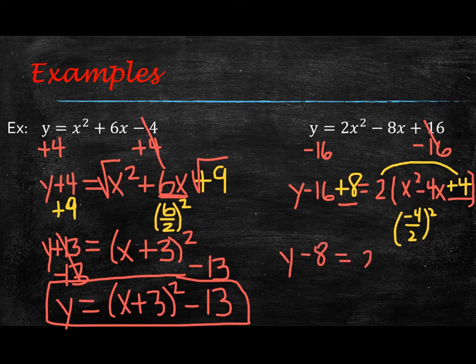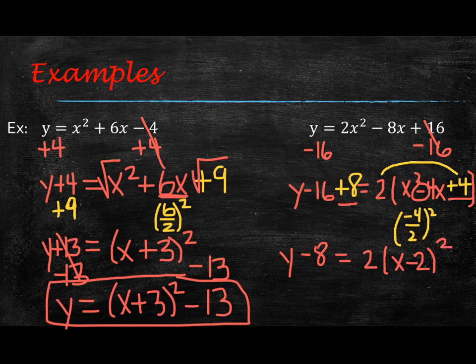equals 2, and then here's where our perfect square trinomial comes in. So we take the square root of x squared, which is just x, then we take the square root of 4, which is 2, and then the sign that we have in the middle is the sign that is with the b, so minus. And then we have that squared.